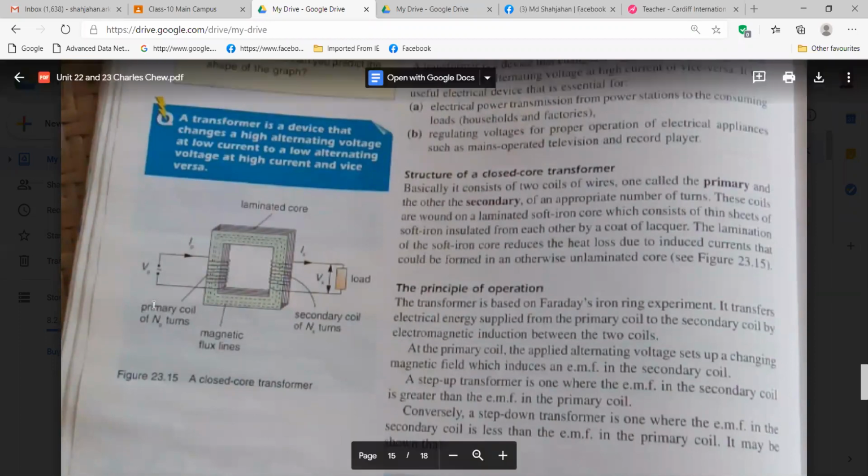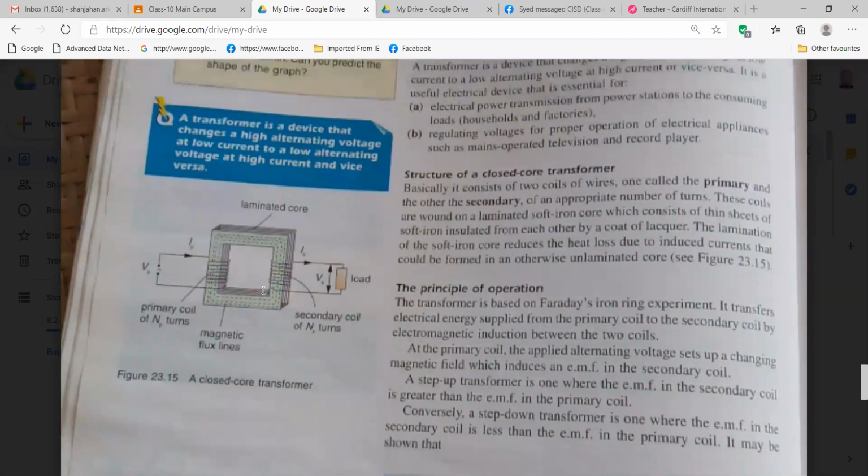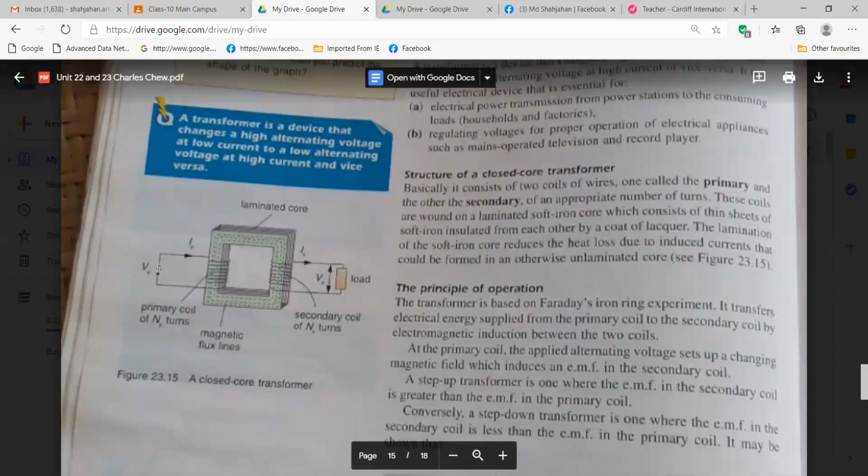Already labeled here. Primary coil number of turns is NP. You already do this, right? Label this, so you have NP, NS. VP is the primary coil voltage. VS is the secondary coil voltage. That's it.